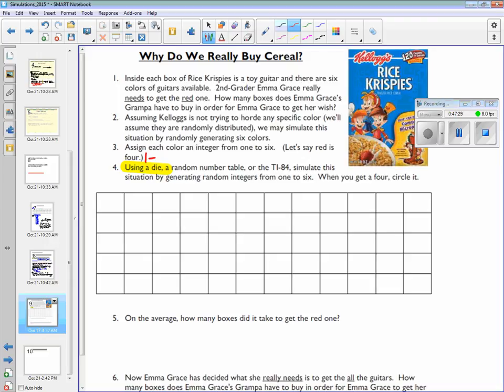It says red is 4, but let's just make up colors. 1 is blue, 2 is green, 3 is yellow, 4 is red, because it told us it had to be red. 5 is pink, and 6 is going to be chartreuse. No, purple's fine. Okay.